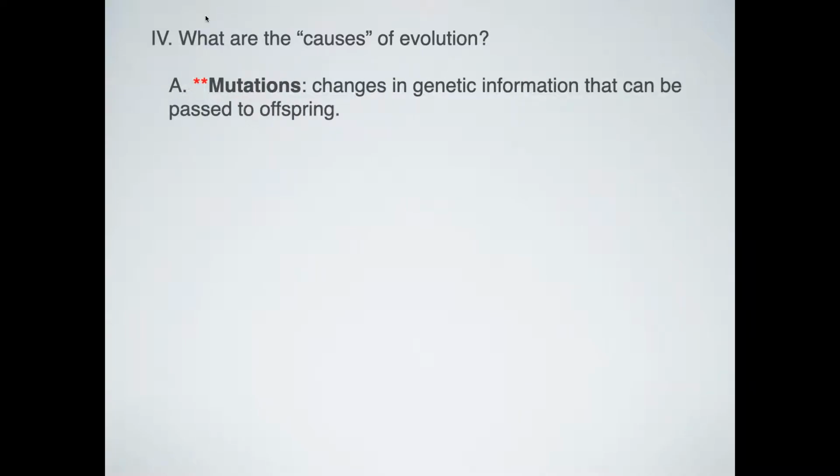So mutations are changes in genetic information, and they have to be able to be passed on to your offspring. So let's say you grow a third arm for some reason. I'm assuming it's a lot of genes that have been affected if you're growing a third arm.